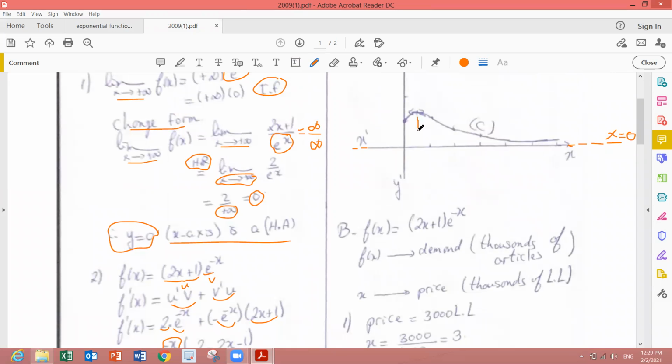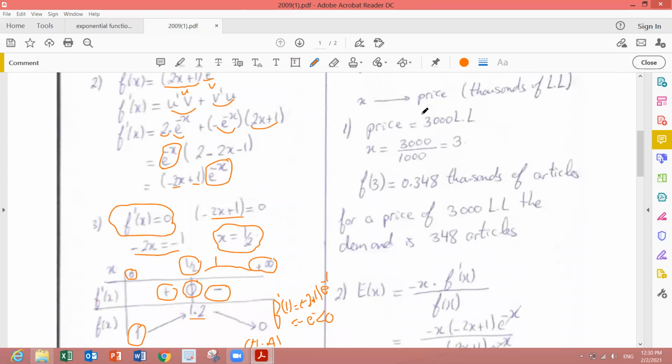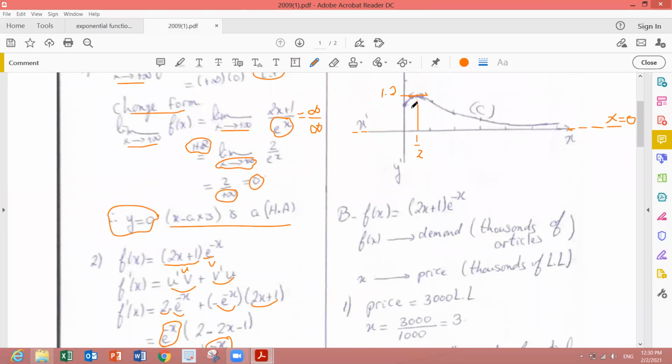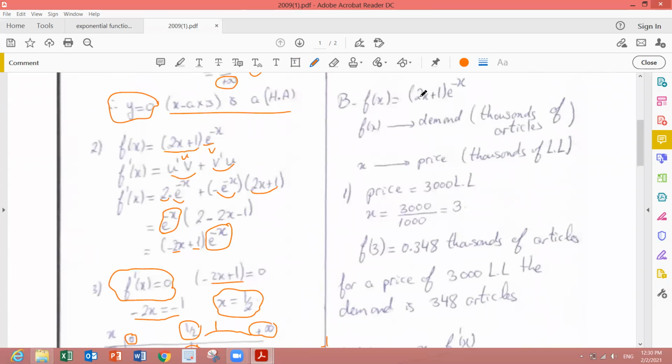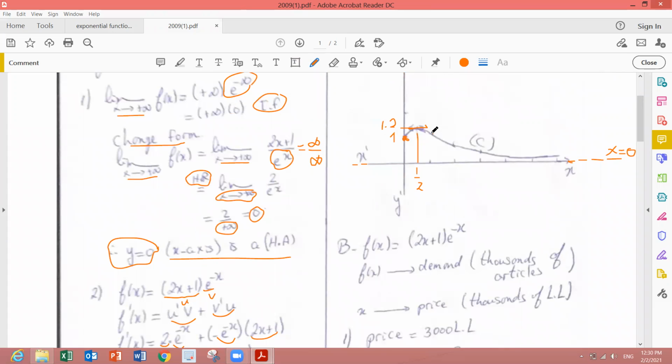This is half, and this is 1.2. This is the maximum point. The curve starts from the point (0, 1). We get two particular points here. F of 2 is 0.67, so this point is (2, 0.67).